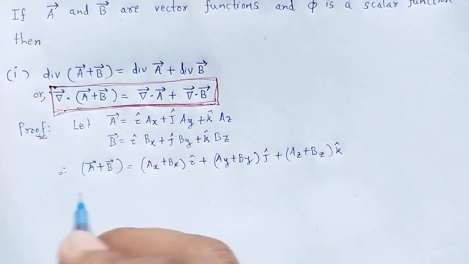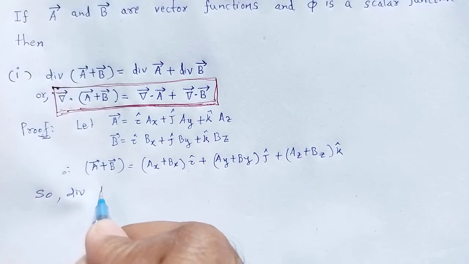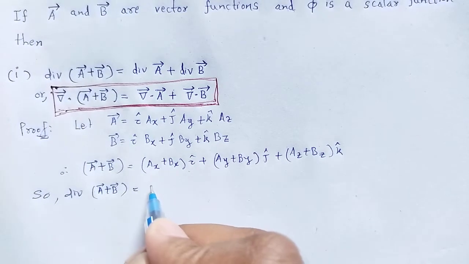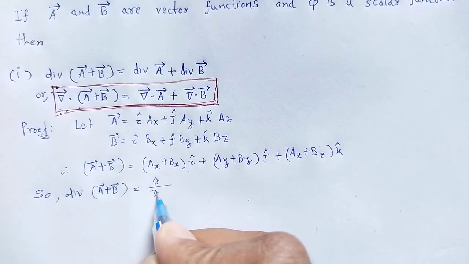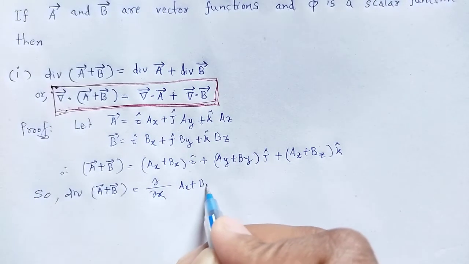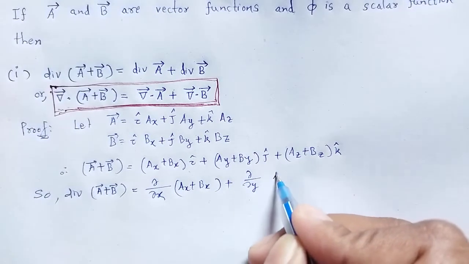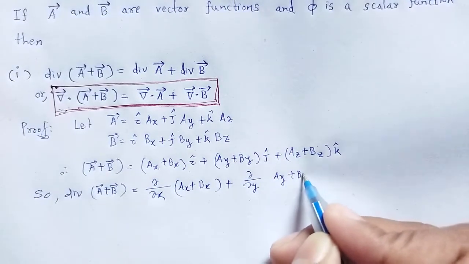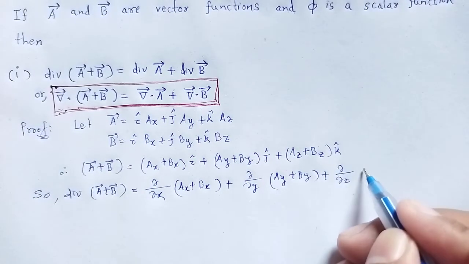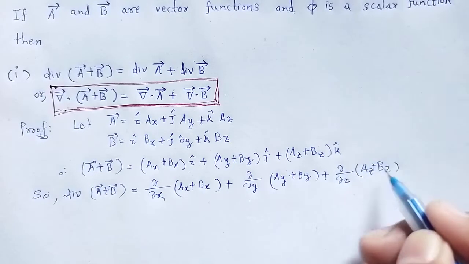So the divergence of a plus b we can write, that is del by del x of ax plus bx plus del by del y of ay plus by plus del by del z of az plus bz.